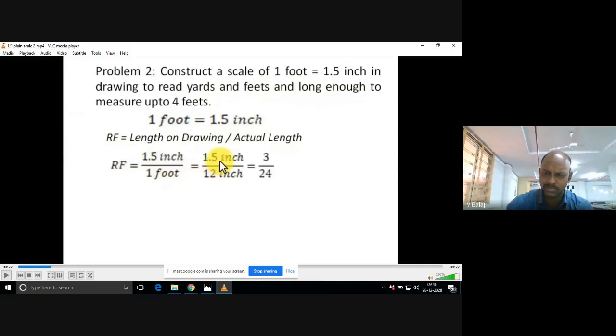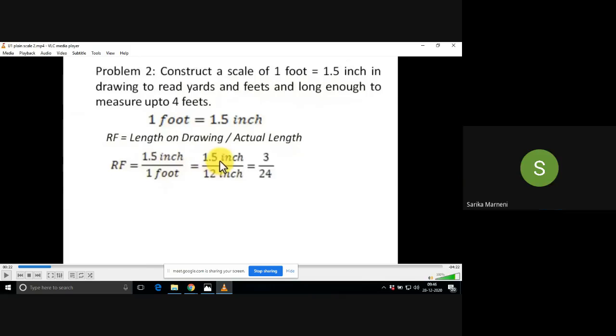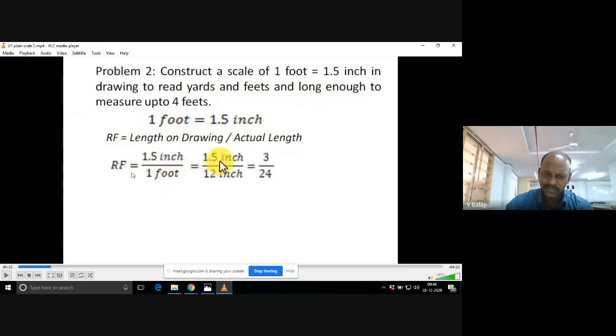At that time, same formula, only thing is you need to take the square root. Again, you need to keep all the units in a single unit system and do the simplification. And the rest of the procedure is the same. Construction of the plane scale, step by step, everything is same.